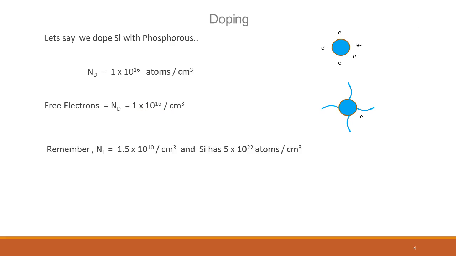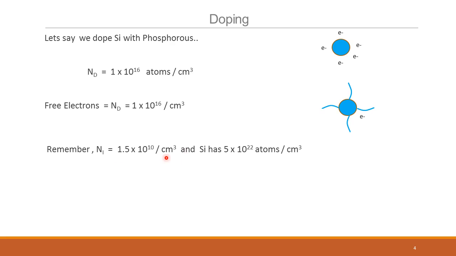In native silicon, when there were no doping elements, the number of free electrons was just on the order of 1.5 x 10^10 per centimeter cube. The number of silicon atoms is 5 x 10^22 per centimeter cube, and the number of free electrons is 10^10. You can see how low it is.